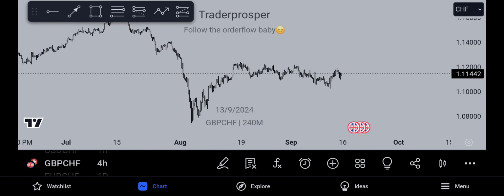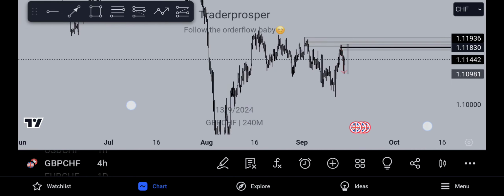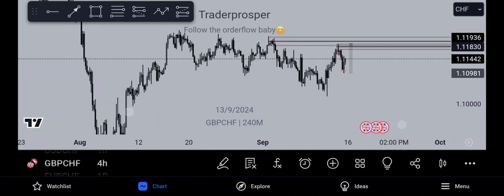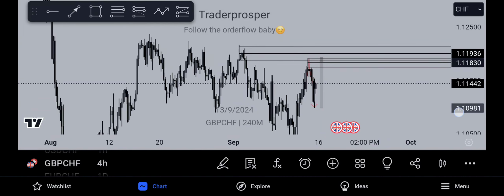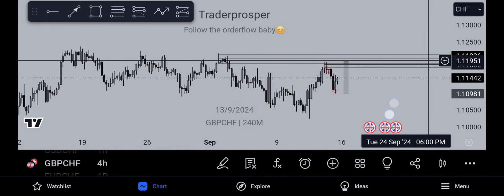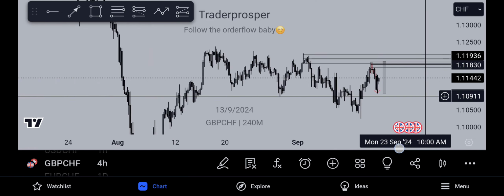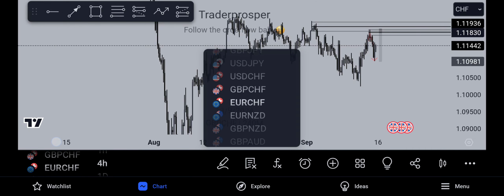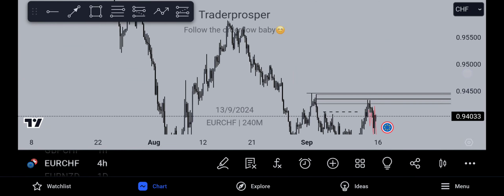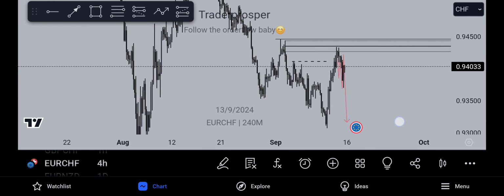But each of the brothers just respected that zone, as you can see. They are all dropping, so I'm expecting a re-entry to continue that sell. The same thing here. A re-entry to continue that sell.